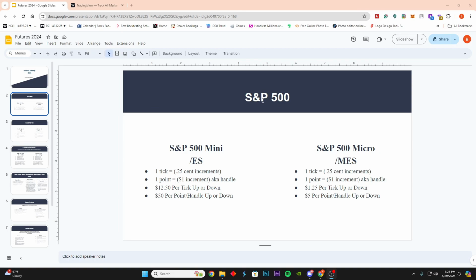Like I said, it's just 10 times less. So instead of every tick being $12.50, you're now looking at $1.25 per tick, up or down, and instead of $50 per point or handle, you're now looking at a $5 point or handle move up or down. So that's basically it for the S&P 500.